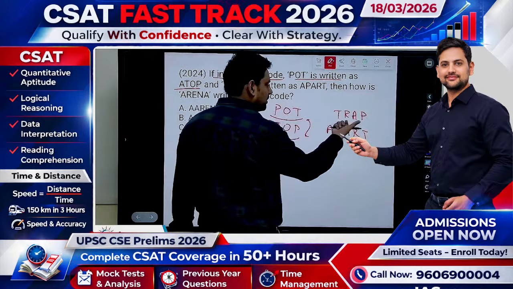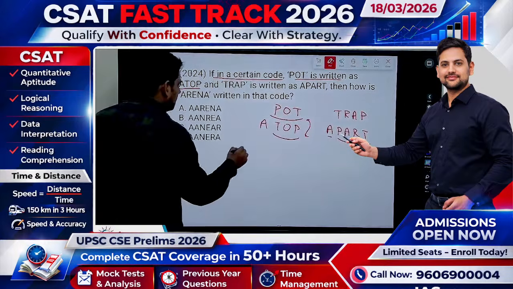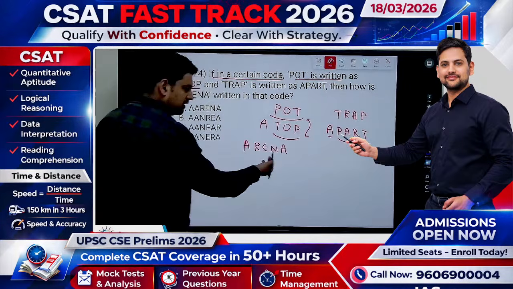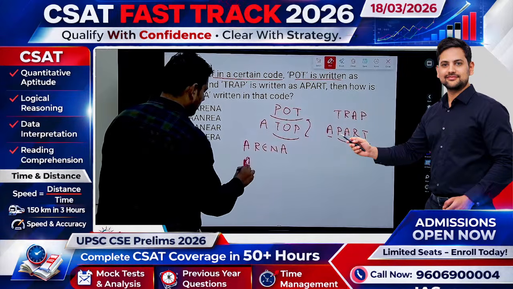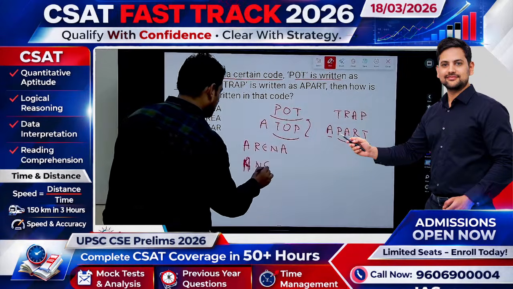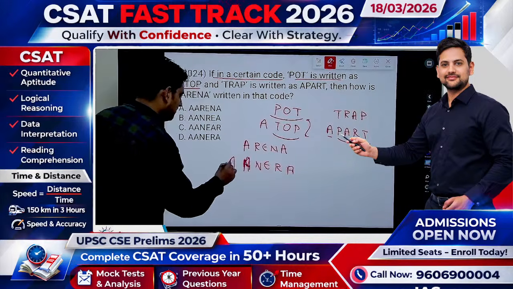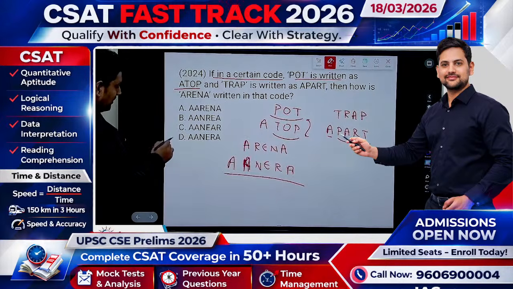How? Trap, rotate, part and then add an a. The same thing we'll do here also in arena. First rotated, so write a N E R A, and then we must add one A before. So double A and Nira. Double A Nira.